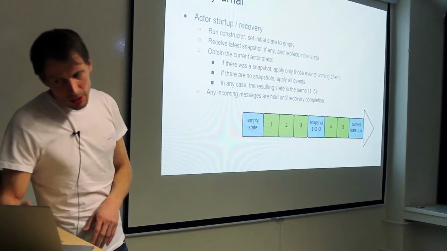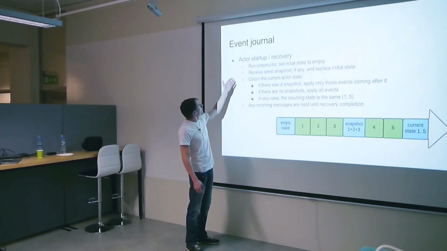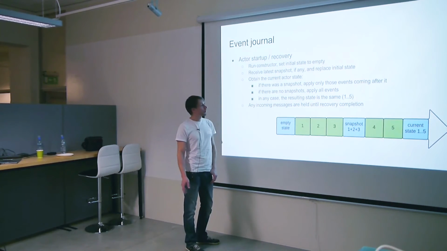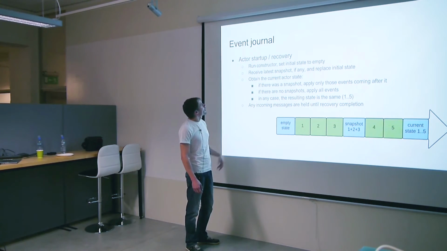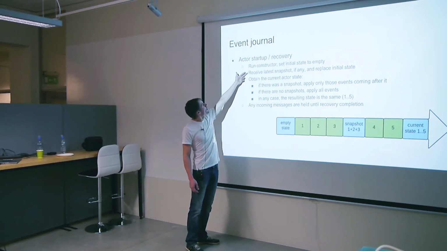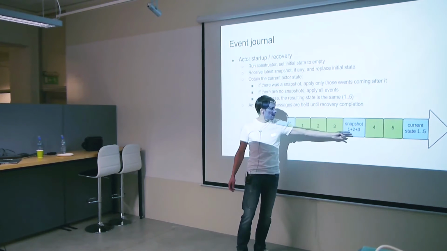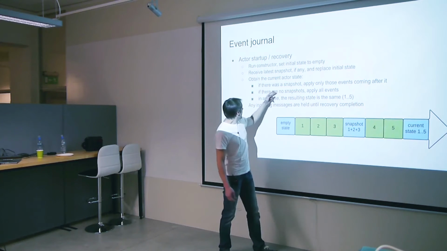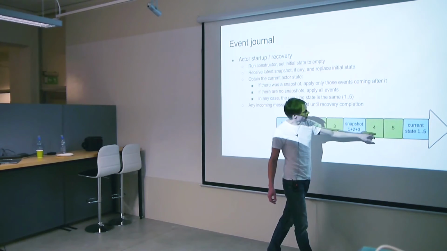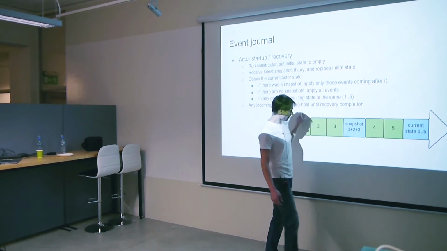Now, I don't know if that's actually needed, but let me walk you through an actor startup. A typical plain vanilla actor is constructed and its state is set to initial, but then the framework may offer you a snapshot if there is one. For example, it may offer you this snapshot. If a snapshot is offered, only the remaining events will get replayed to obtain the state that captures all 5 events.